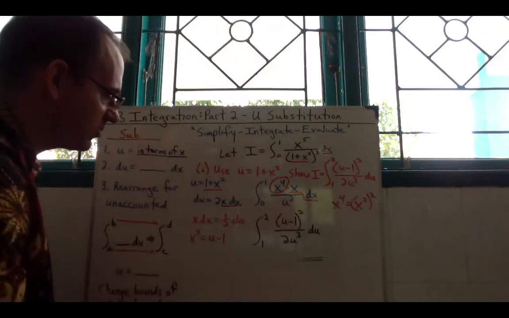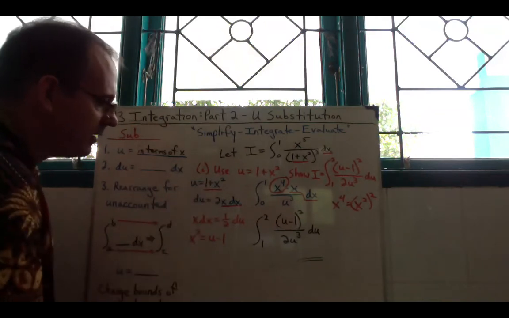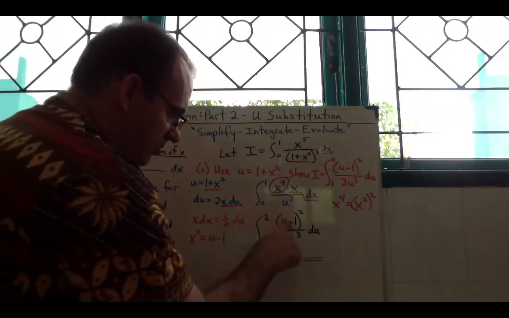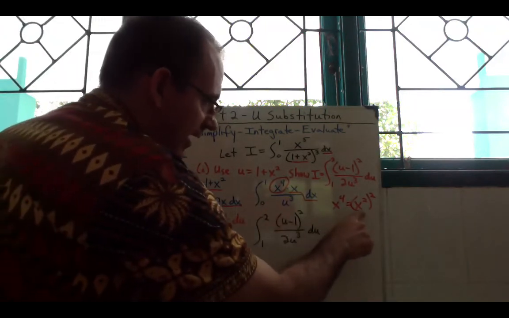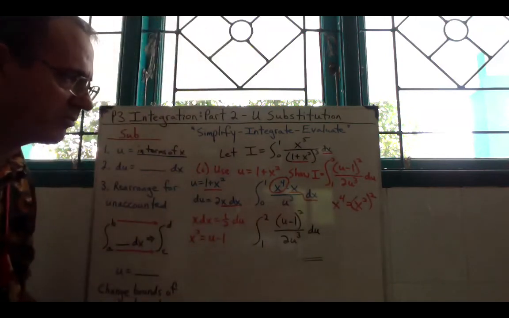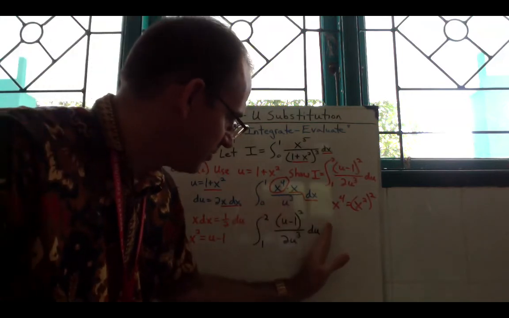And we have an x squared. So if we rearrange for our x squared, we get u minus 1. So now we can stick u minus 1 in for the x squared, and it needs squared again to have that fourth power total there. Now we have everything in terms of u.